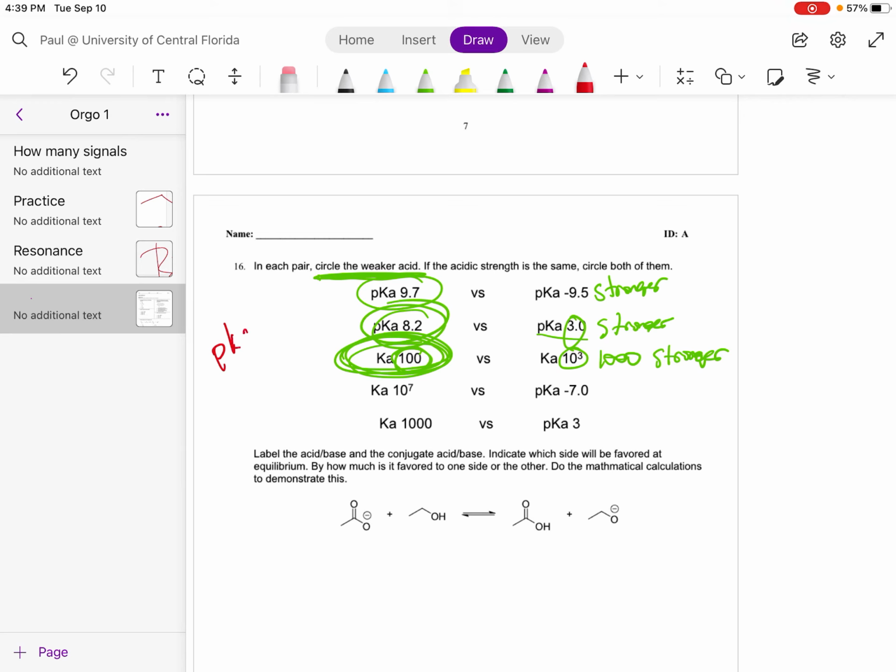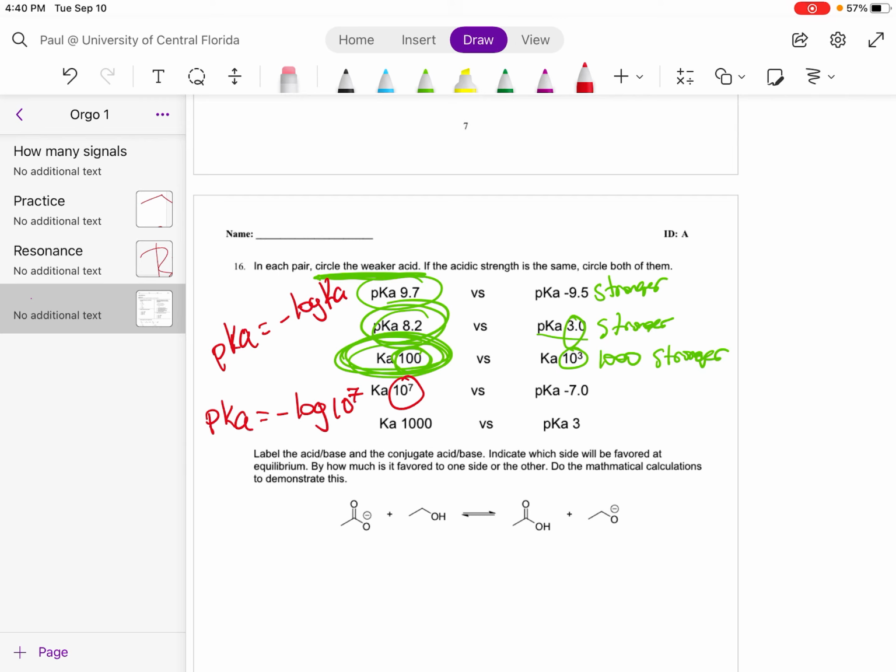pKa equals the negative log of our Ka. Okay? So if I take the pKa and do the negative log of the Ka, what's the Ka? 10 to the 7.